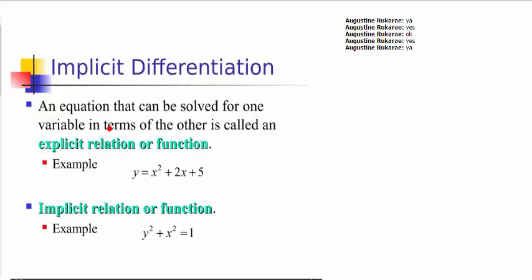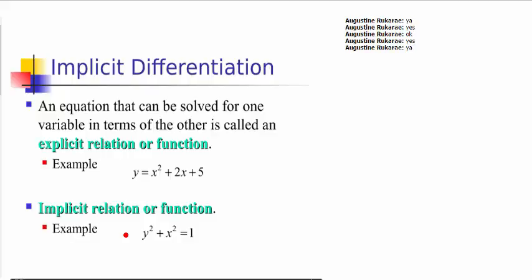So up till now, whatever functions we have been differentiating are explicit, right? Because we always get a function in terms of y equals something or f(x) equals something. But now the case will be different. For an implicit relation, we will have something like y squared plus x squared equals 1, or we can even have xy plus y squared plus x equals 2.